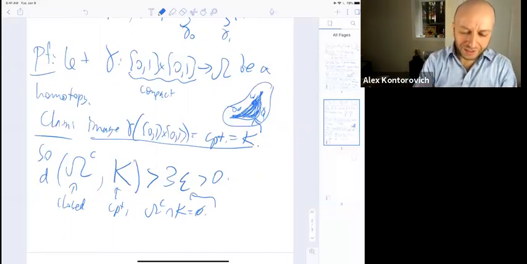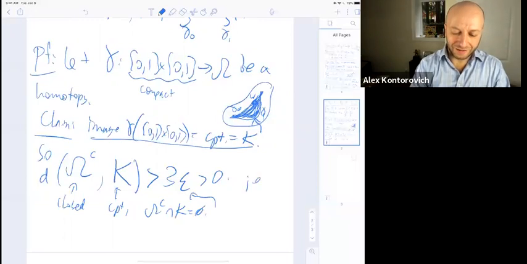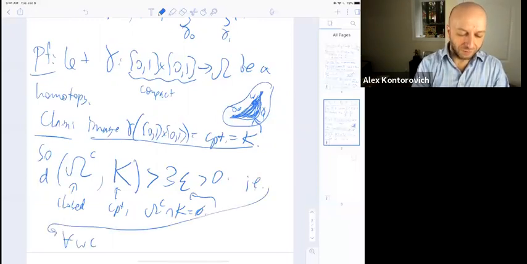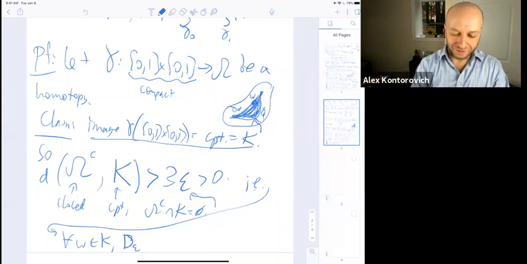Okay, what I'm saying is, for all points in K, there exists an epsilon such that this holds. So the disk of radius, let's call it 3 epsilon, around omega is contained in big omega.